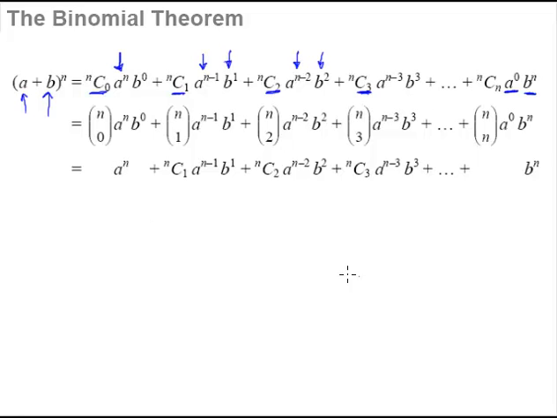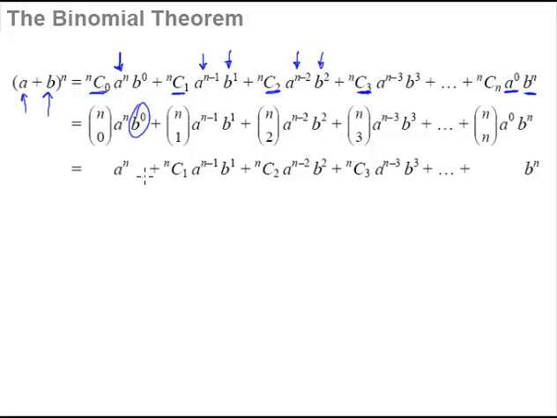Likewise, the last one is always a 1. So in this case we really don't have to write down nC0, because we know that nC0 is a 1. And of course b to the power of 0 is also a 1. As you will learn in the law of indices, any number raised to the power of 0 is 1. So 1 multiplied by 1 multiplied by a to the power n is obviously a to the power n.